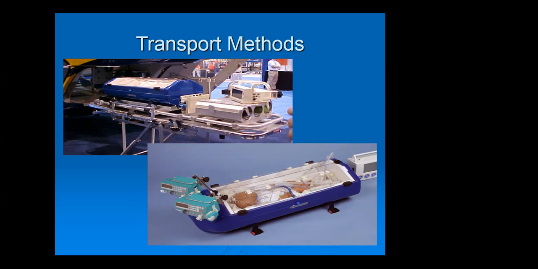But for an infant that's term and not neonate size and doesn't maybe need all of the interventions provided by an isolette, this works well for us. It's a portable device. When it's not in use, it fits into a duffel bag type case, so we can carry it to another team in the truck without completely changing stretchers. We can carry it with us in the truck if we're going on a pediatric transport and unsure, just in case we need it. And the child goes into the capsule.